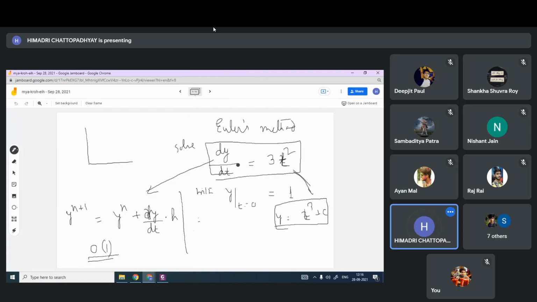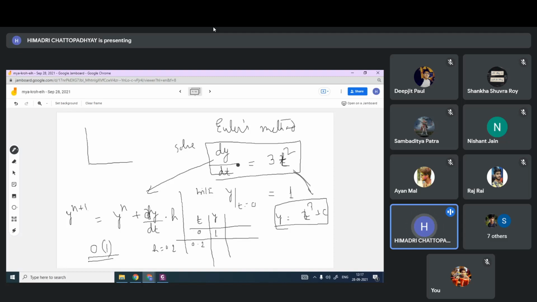You know the new y is the next value, so you create a table of what is t and what is y. So t equal to 0, y is 1. Now you take a gap, h equal to 0.2. Let's say h is 0.2. So now what is the value? You put the value of 0.2 here.